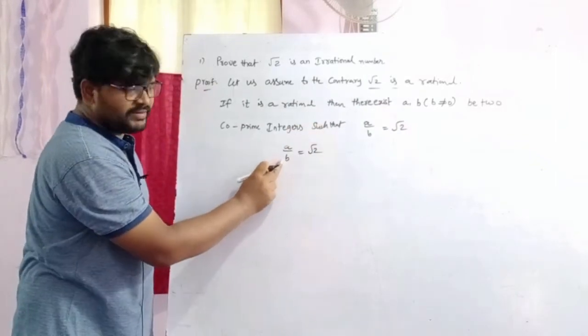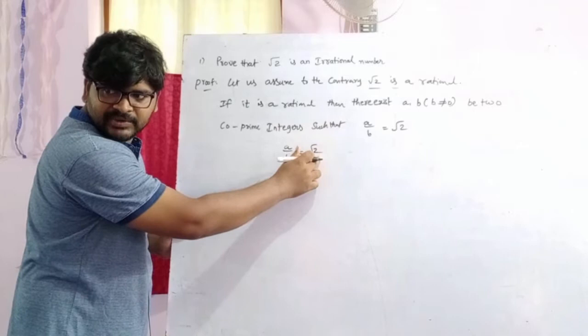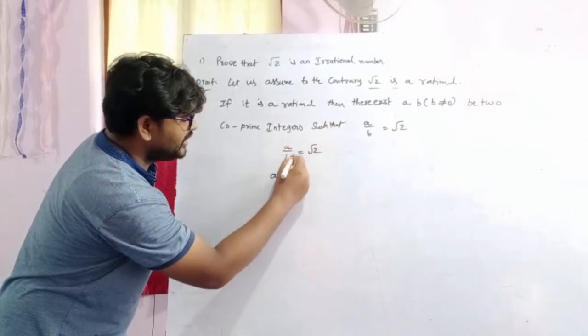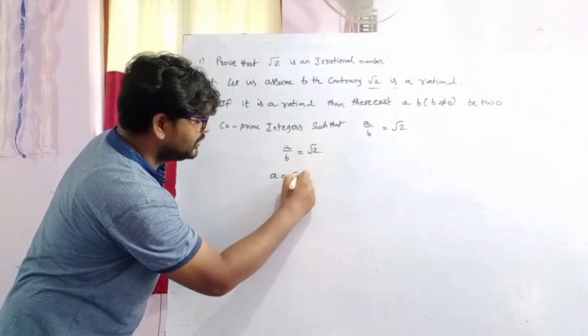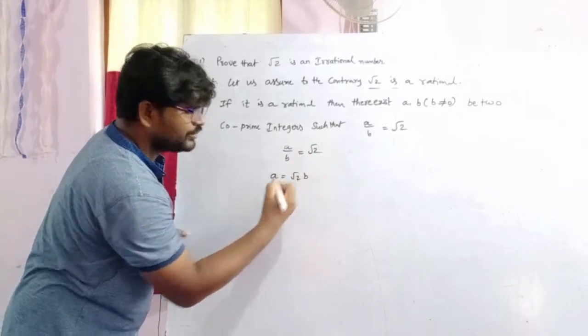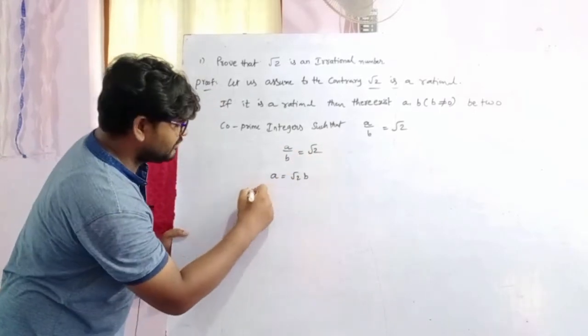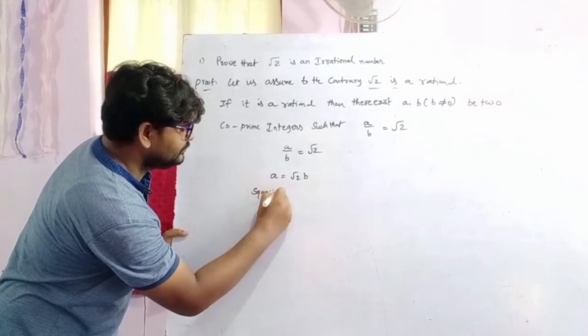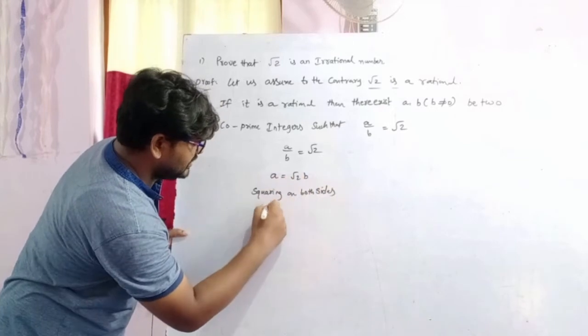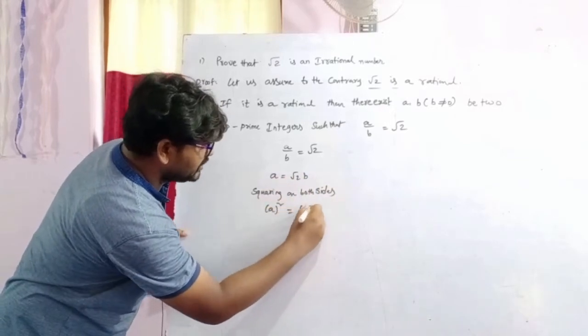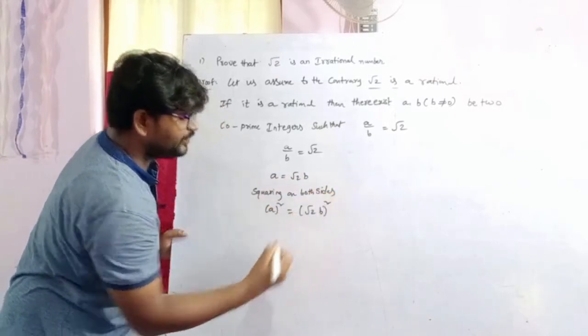Here b is divided by, going to that side, multiplication. Therefore, a equals b into root 2, or root 2 into b. Now squaring on both sides. a square equals root 2 into b, whole square.